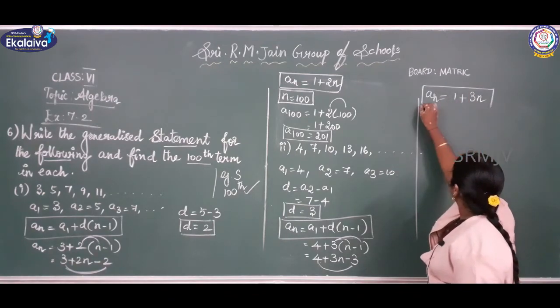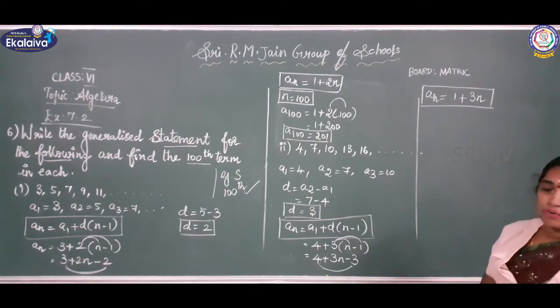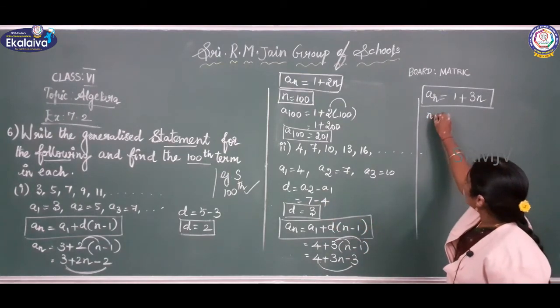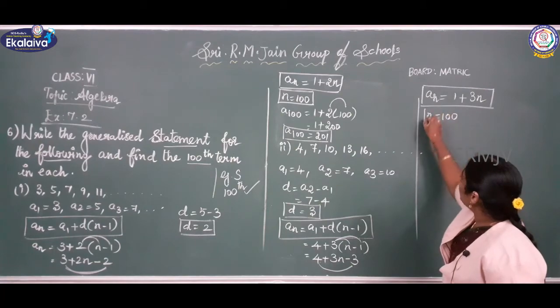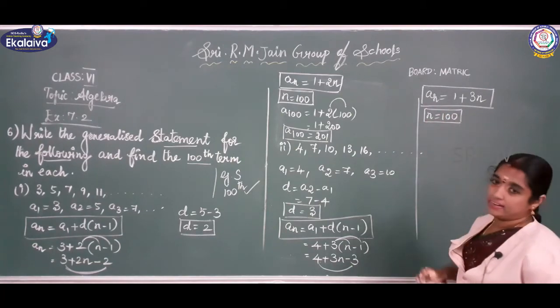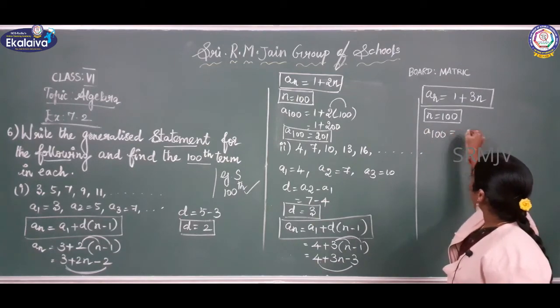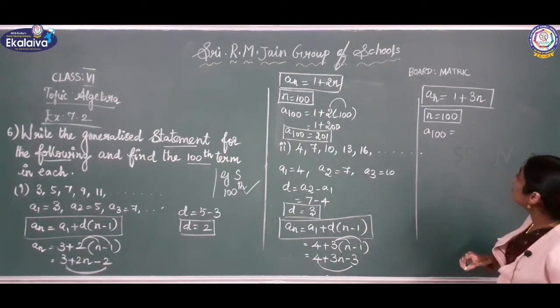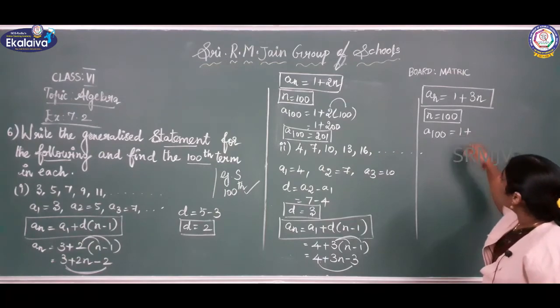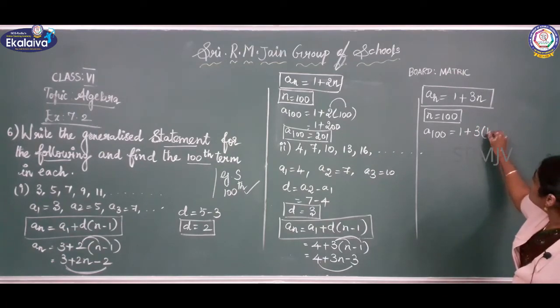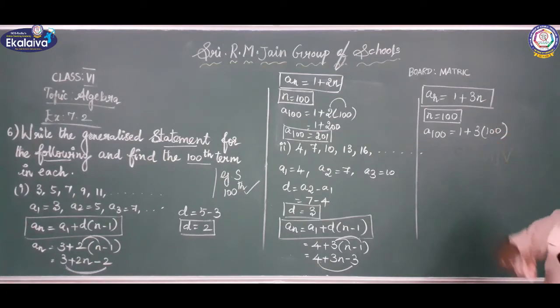So from this I am going to find out the 100th term. Listen, here I am going to substitute n is equal to 100. Can you clear this? So A100 is equal to, that is the 100th term I am going to find out. So 1 plus 3 into n, which is what? 3 into 100.